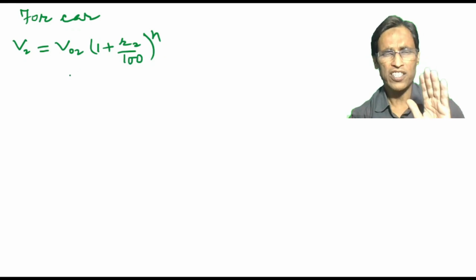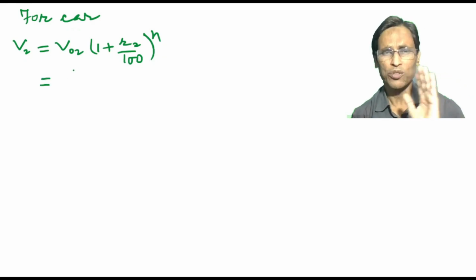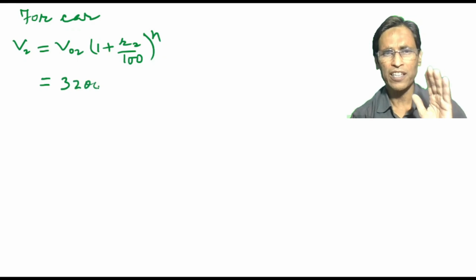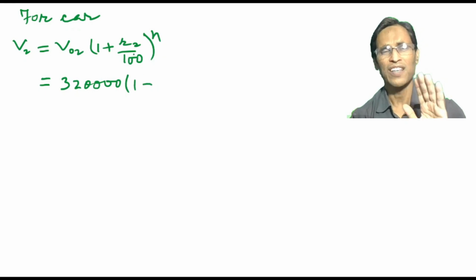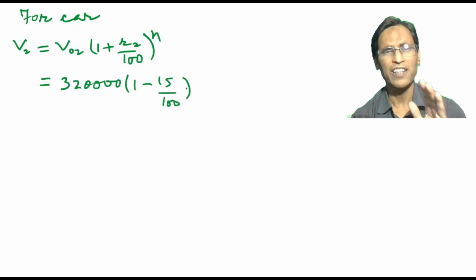Now in the next step, we will replace the term with the information given. So V02 will be replaced by this value, that is 3,20,000, and into 1 minus, since R2 is the rate of depreciation for the car and it is 15%. So it will be 1 minus 15 by 100, and the number of years n will be 3.